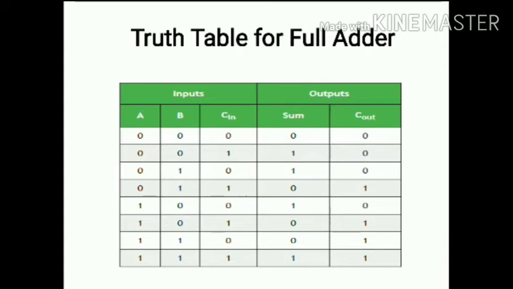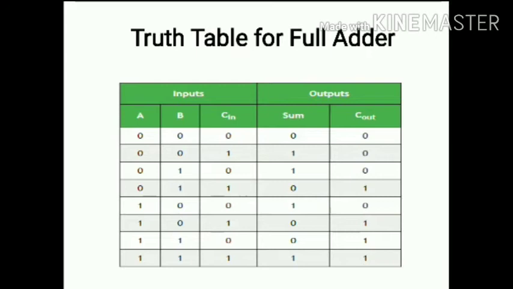See, the second row input values are A equal to 0, B equal to 0, C in is equal to 1. So the min term is A bar, B bar, C in. Put a bar for 0. Then in the third row also the output sum is equal to 1. So find the min term for that row also.